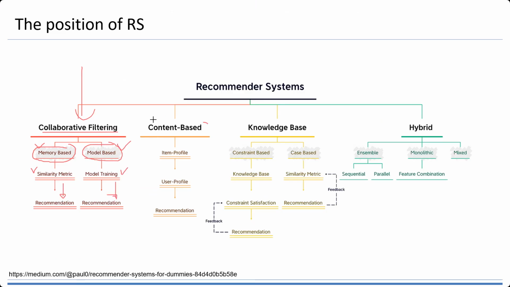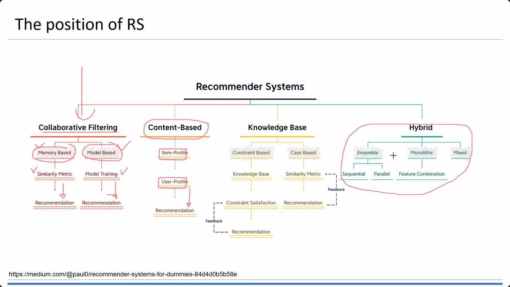For content base, we already learned about TF-IDF, or how we leverage the content of the item, and how we can leverage the content about the user, and finally we can make the recommendation. And last week we learned about hybrid. In the hybrid, there are three concepts.